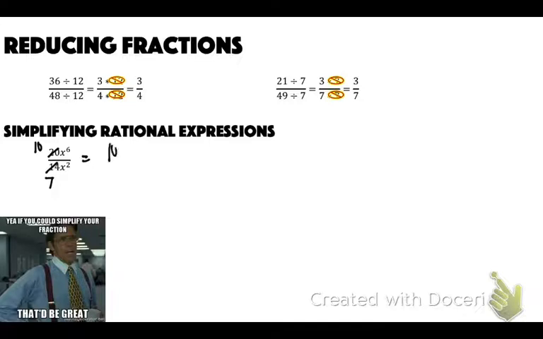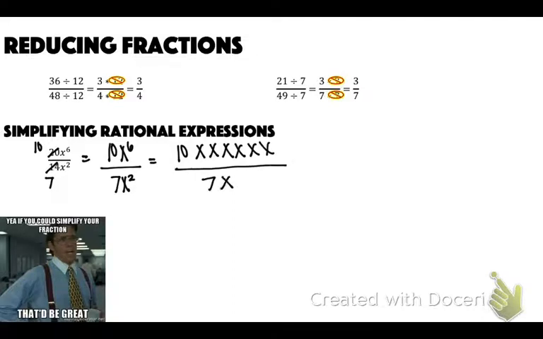So I'm left with 10x to the 6th over 7x squared, which that x to the 6th I could really write as 10x, 2, 3, 4, 5, 6 of them. And this would be 7 and 2 of those x's. So 2 of these x's are going to cancel, and all of these x's combined to be 10x to the 4th over 7.